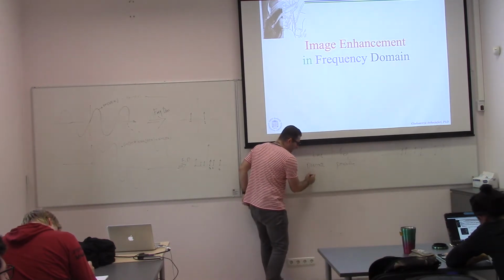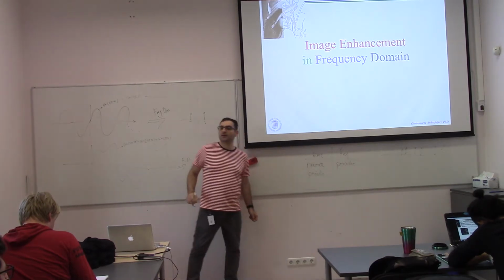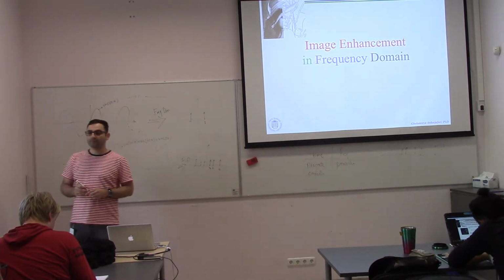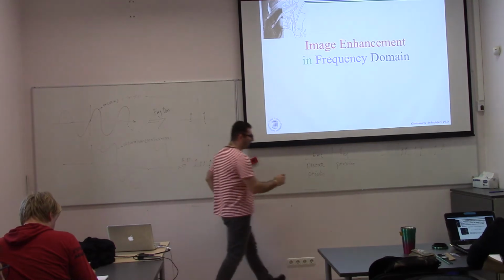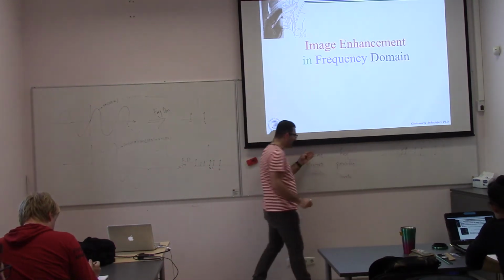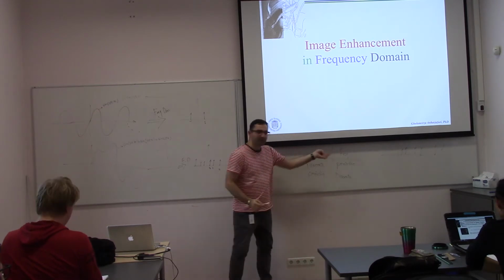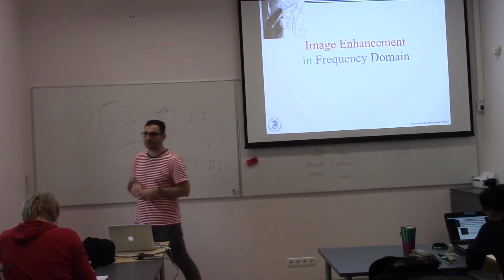And if it is periodic in the time domain, what happens to the frequency domain? It will be discrete. It's called the duality property. In case of image, instead of time, we use the word spatial, right? So if it is discrete, we get periodic. If it is periodic, we get discrete.